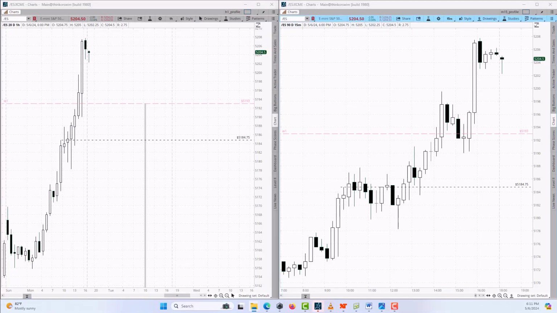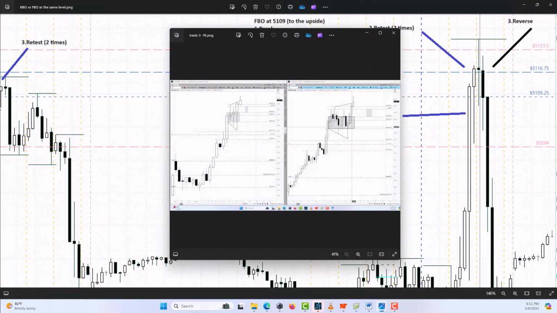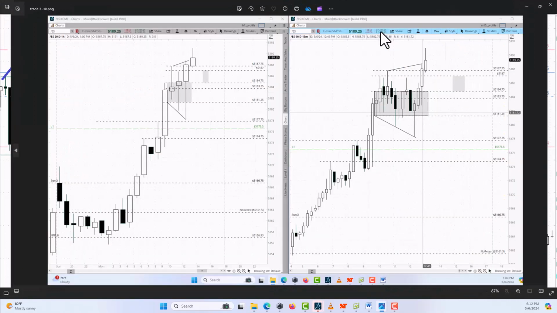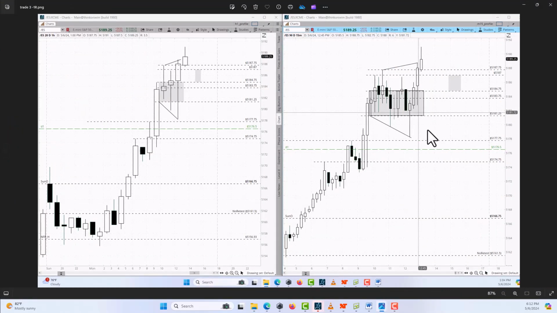Okay, trade number 3. Very interesting trade number 3. I think it's just the same idea right here, right? Okay, trade number 3, we anticipated, we saw this is a buy side liquidity, so we're going to go in here at 12:45.